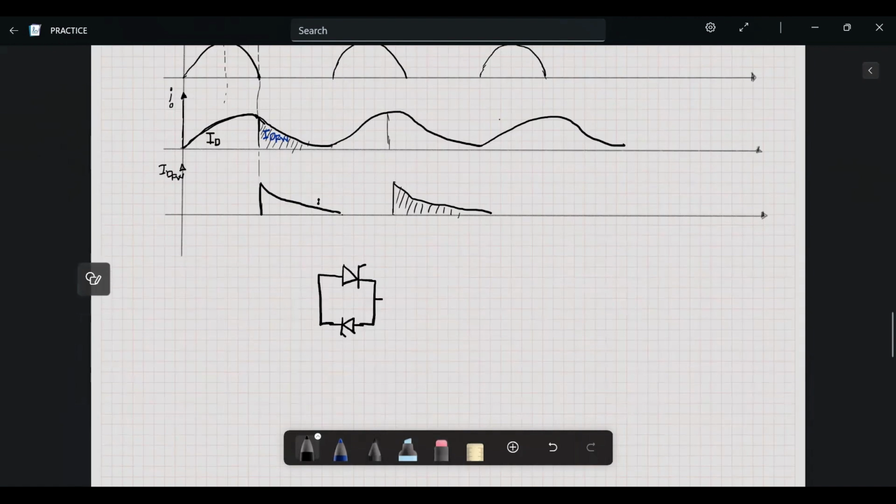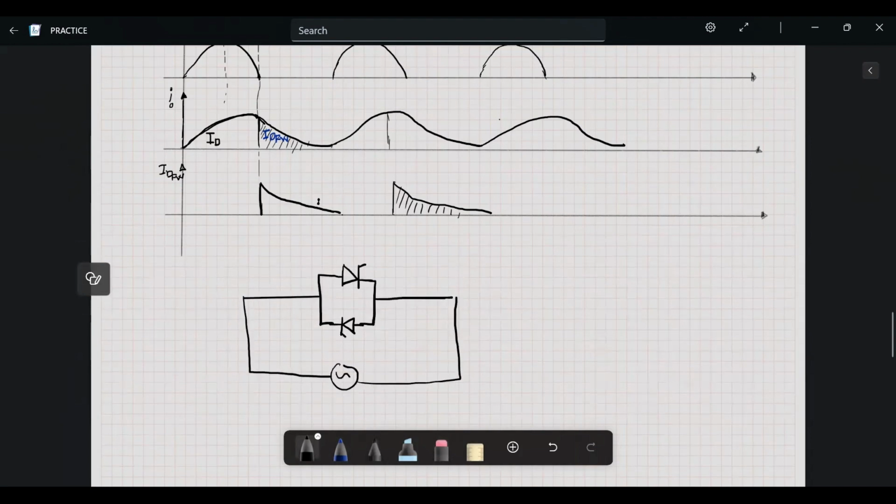So it's a positive supply, a negative supply, since the AC changes. You connect these to an AC source.